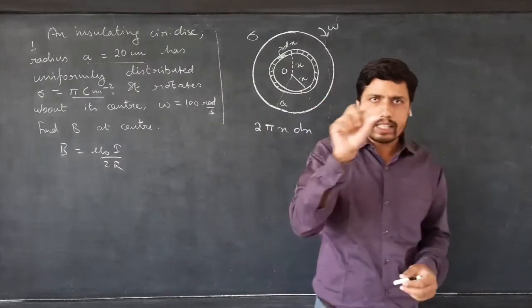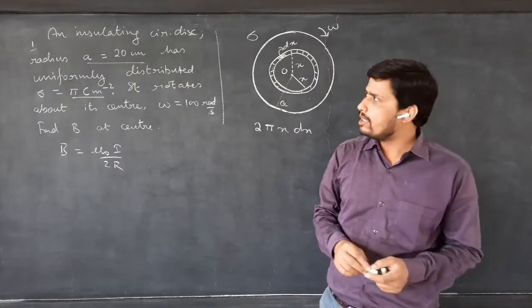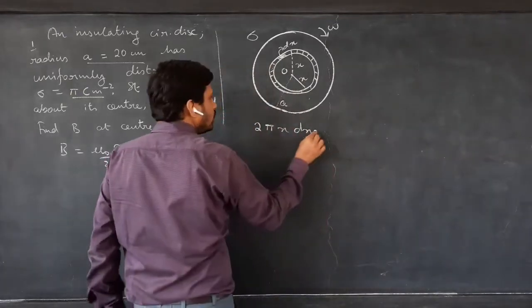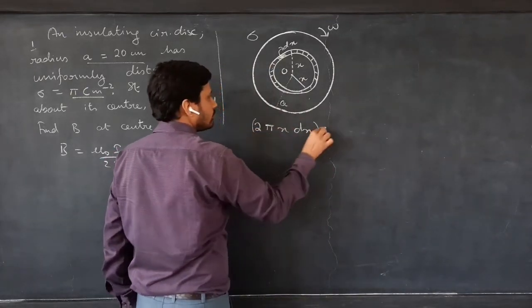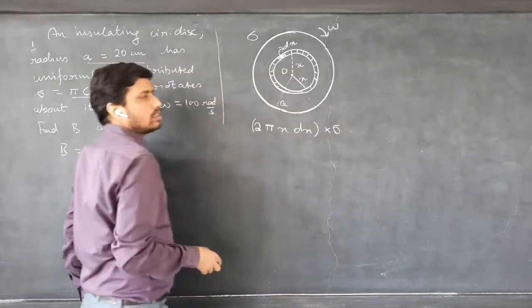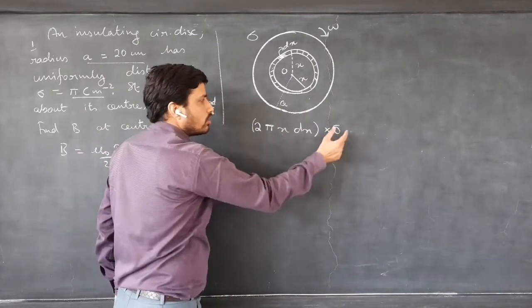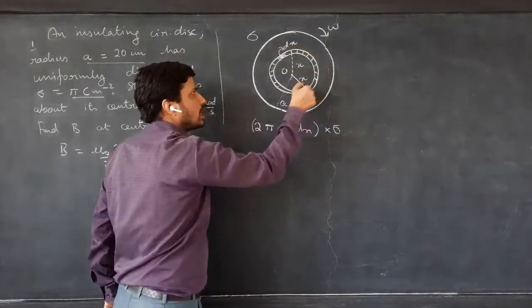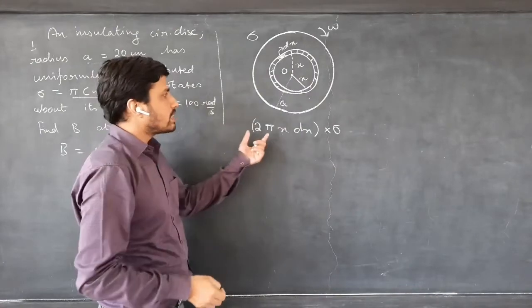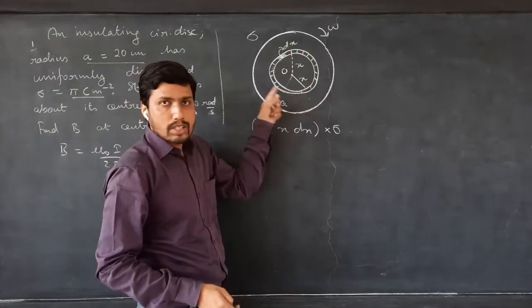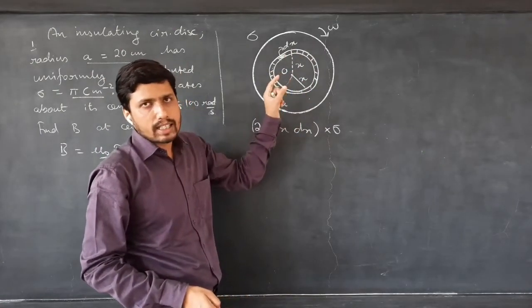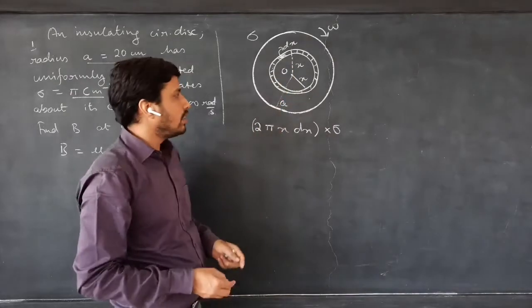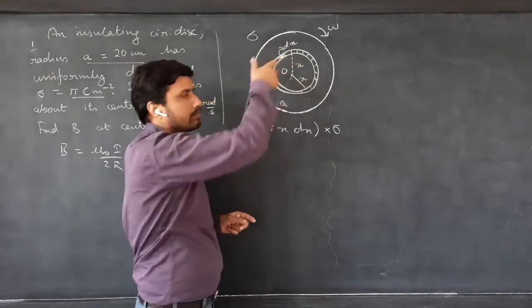On that ring area, how much charge will be there? Just multiply this with sigma. Sigma is the charge per unit area. So if we multiply with this area of shaded portion, then I will get this charge on this element, which is of thickness dx and has a radius x. Now this ring is rotating.